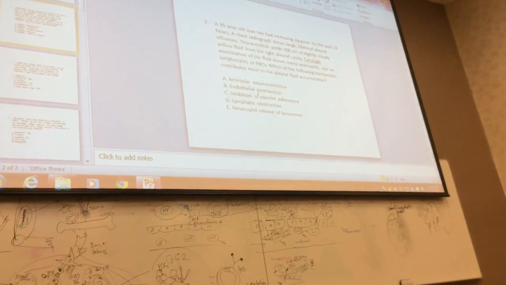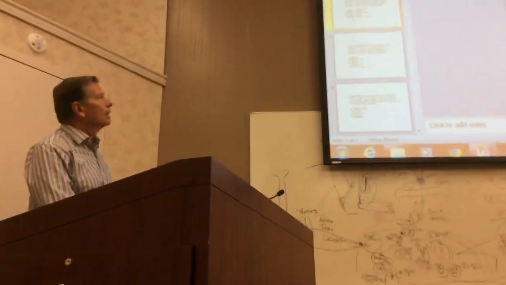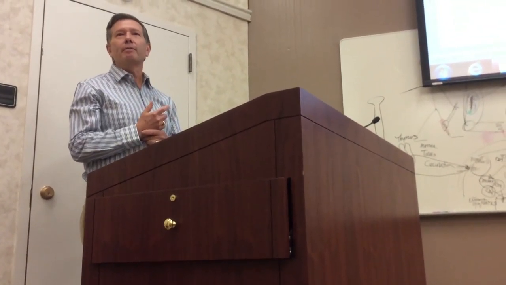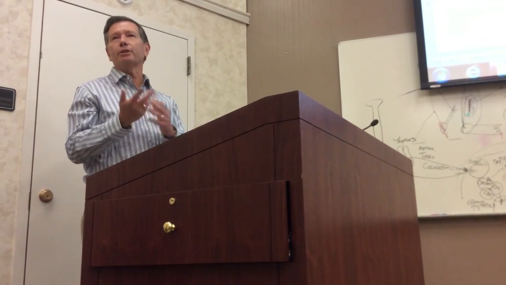Why are lymphocytes and red blood cells not present? Well, remember, neutrophils are the main acute inflammatory cell. This produces acute inflammation, and the majority are going to be neutrophils. Maybe if this has been going on for a while, you'll start finding some monocytes and lymphocytes.